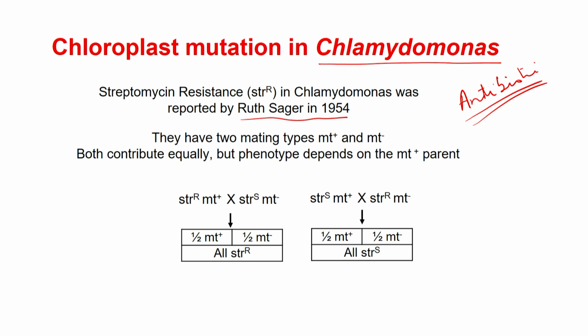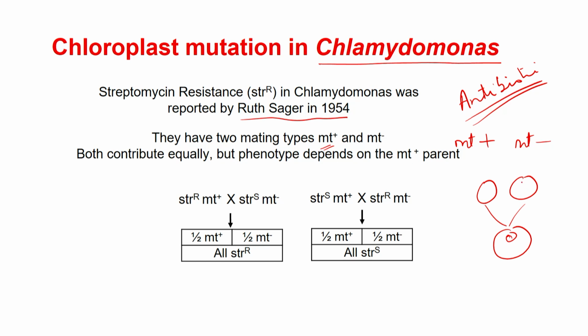So, as I was telling you, they do not have male or female, but they have plus strain and minus strain. So, you have 2 mating types. MT stands for mating type over here. So, mitochondria coming from the plus strain and mitochondria coming from the minus strain, both of them contribute equally. This is what we call biparental.